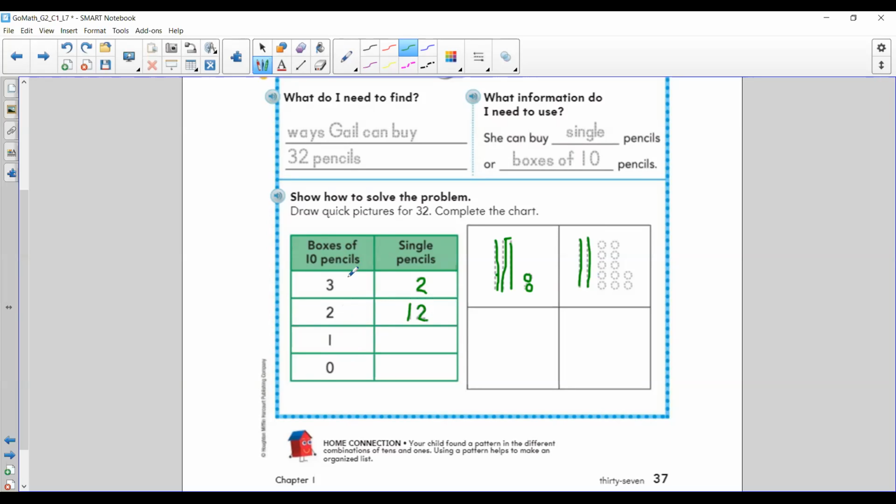So as the number of tens decreases, which means goes down, the number of single pencils increases. And see how this is 12? 1, 2, 3, 4, 5, 6, 7, 8, 9, 10, 11, 12. So there are 12 ones. So go ahead and trace those.